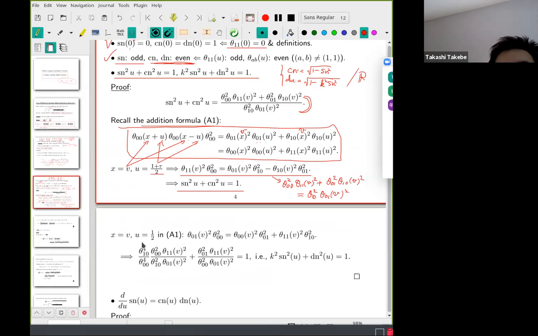Well, in this case, we put 1 over 2 here. Then by shifting by 1 over 2, we have, for example, such a formula. So they become theta 01.